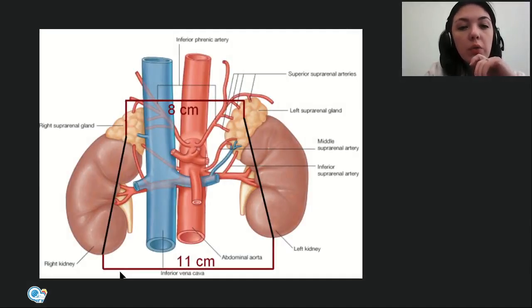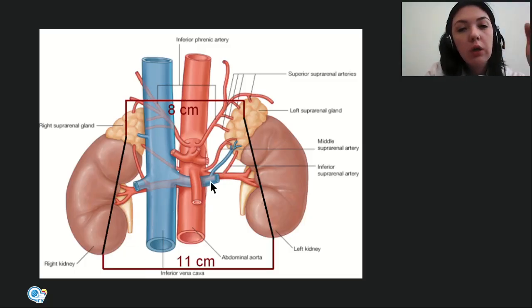We also have to know the arrangement of structures in the renal hilum. The ureter occupies the most posterior and inferior position in the renal hilum.